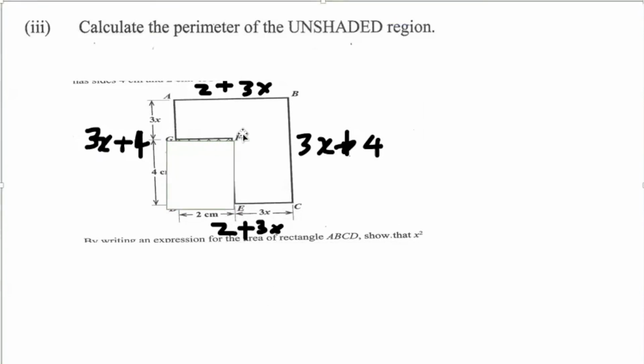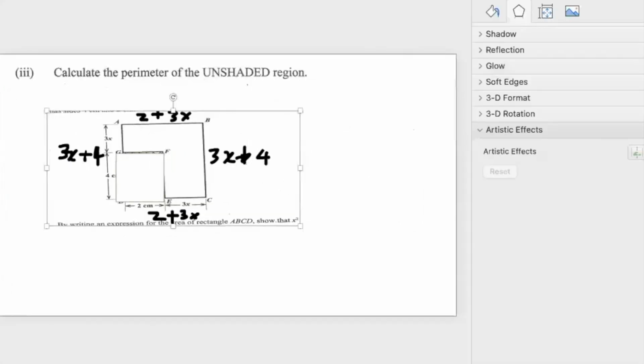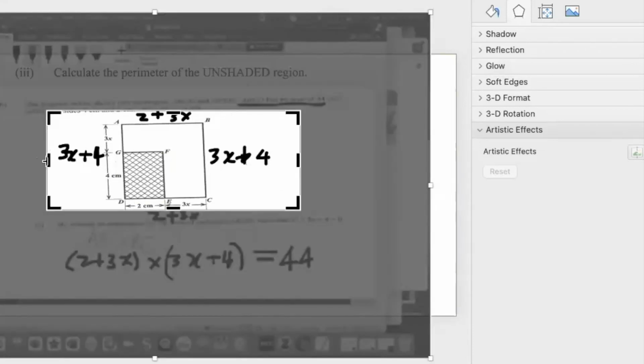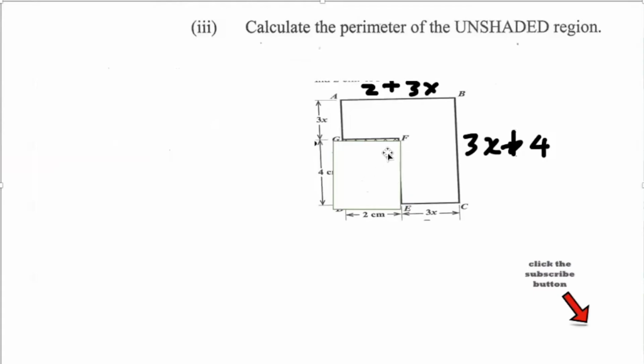This is the part that I am interested in. And let's get rid of the edges also. So I'm going to get rid of right here and right here. Now, I'm interested in this figure, the perimeter. Perimeter is basically adding the sides.